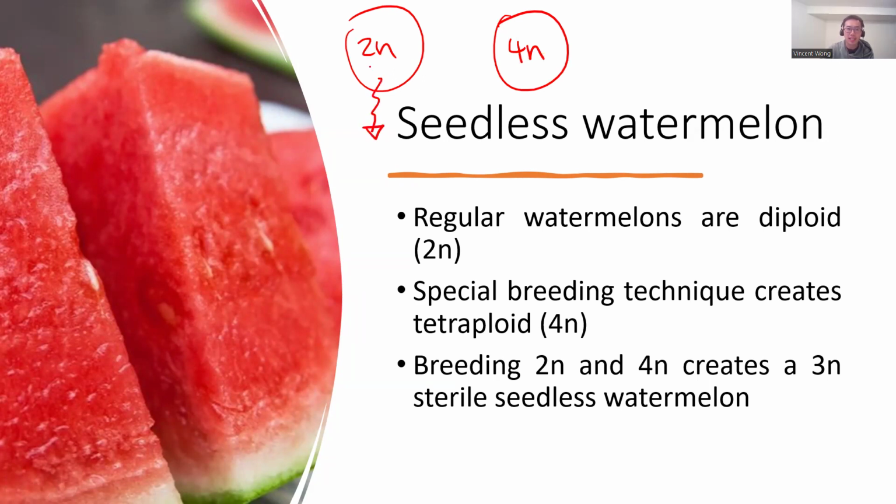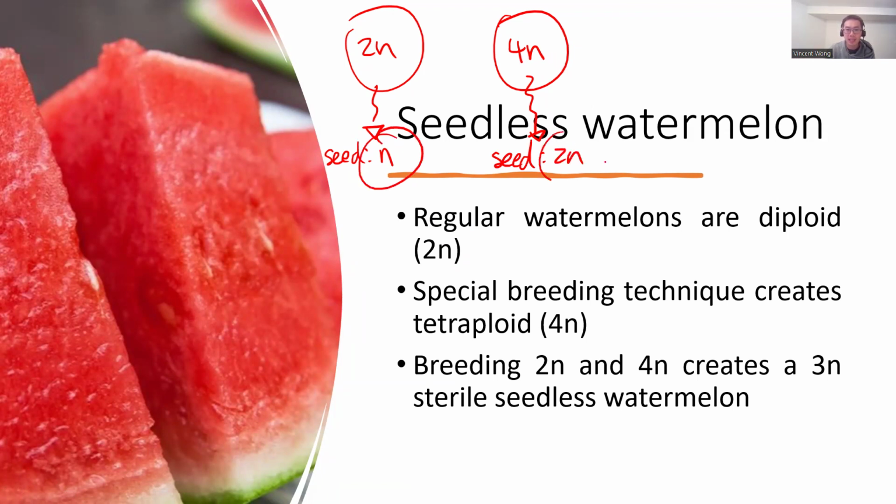So if you take the seeds from the 2N, the seed will be haploid, just like our sperm and egg. And what about if you take the seed from this one? What would the seed be for the 4N watermelon? What's the N number for the seed? 2N. 2N, that's right.